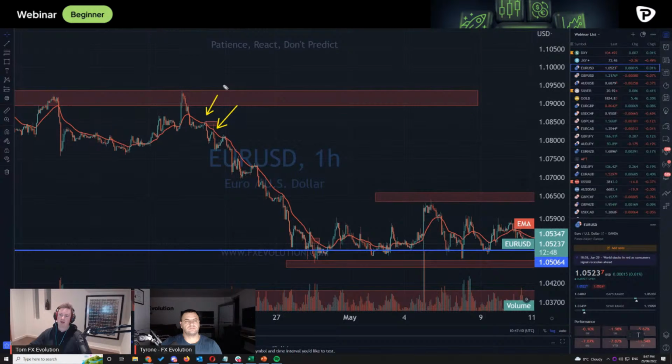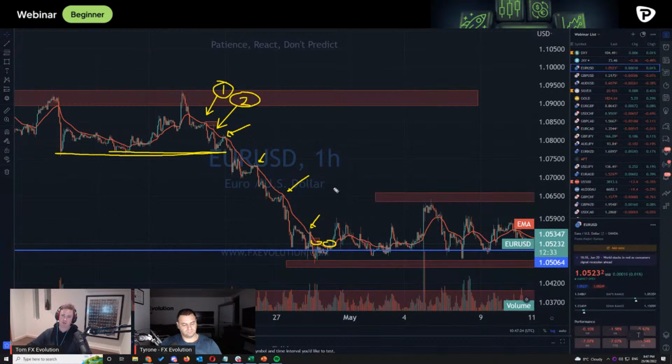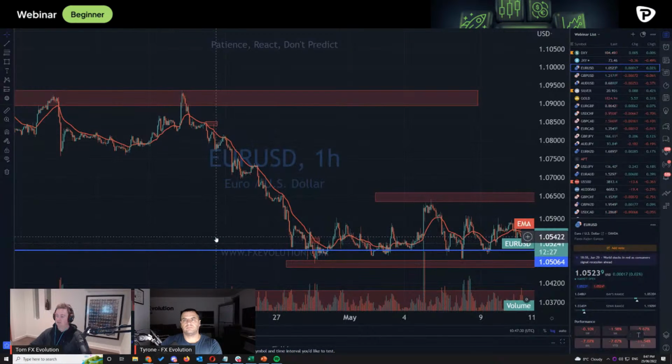Once you have the 1, that is the first touch, and you have the second touch, and it breaks that level of support, the third, the fourth, the fifth, the sixth, the seventh, even until it's breached, all become incredibly tradable.